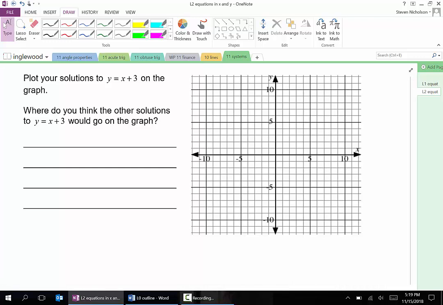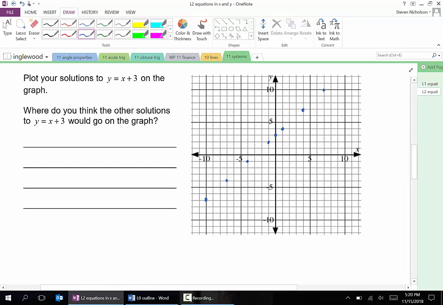And when you plot these points, again, I'm going to quickly plot them. 1, 4, 0, 3, -2, 1, 7, 10, up here, -7, -4, down there, -10, -7, -4, -1, and finally 4 and 7.